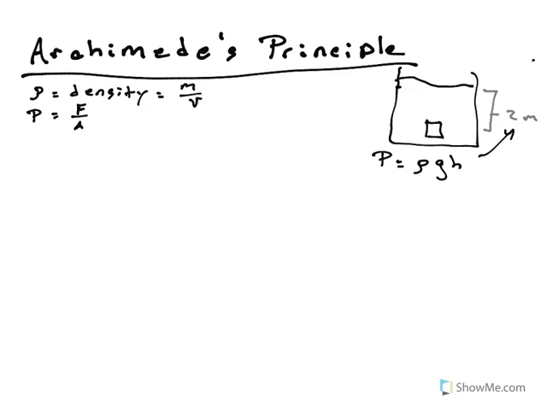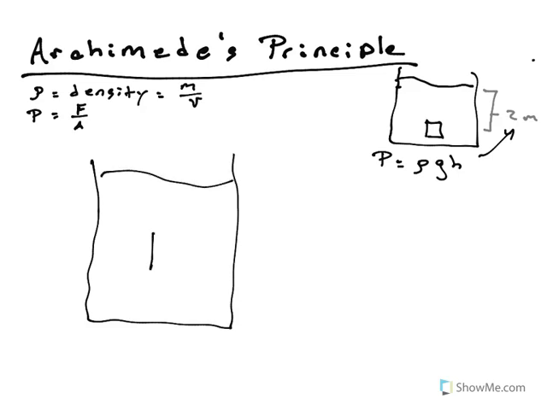But let's look at this a little bit more in detail. If we have our container, the fluid, and an object, let's say this box, and the box has dimensions of 2 meters by 2 meters, and if it's three-dimensional, of course, it's 2 meters in depth as well.